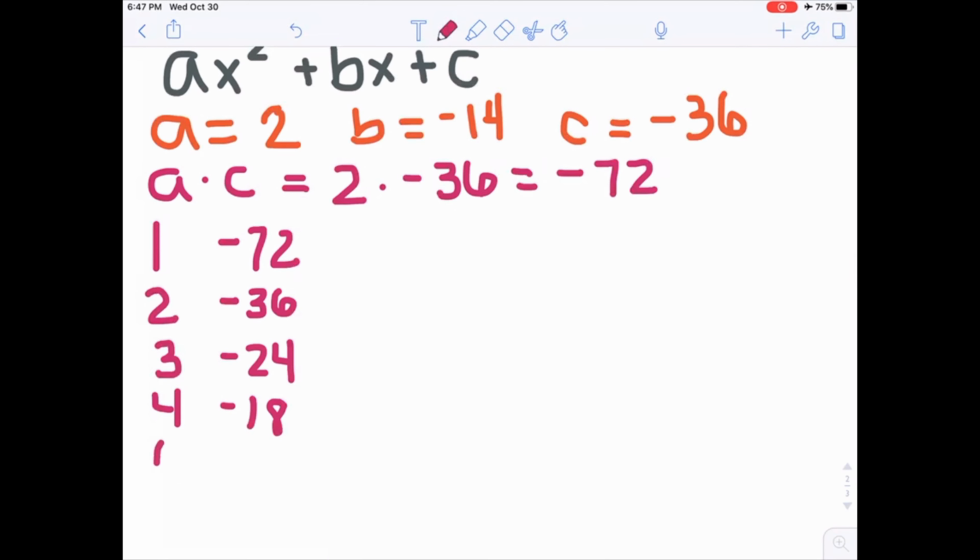Then we have 6 and negative 12, 7 doesn't go into it, and 8 and negative 9.